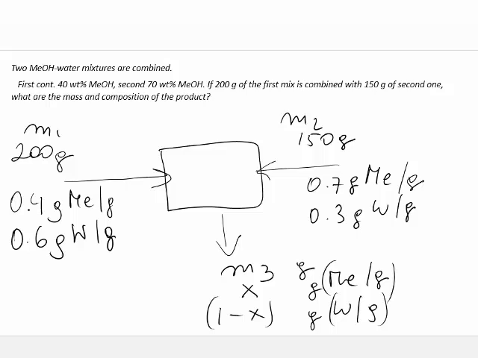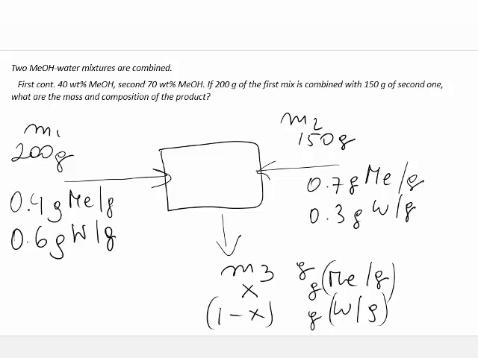This is an example of the integral mass balance, and we have a batch process here. We start our solution from generating a process flow diagram, and we have a batch process with two inputs.